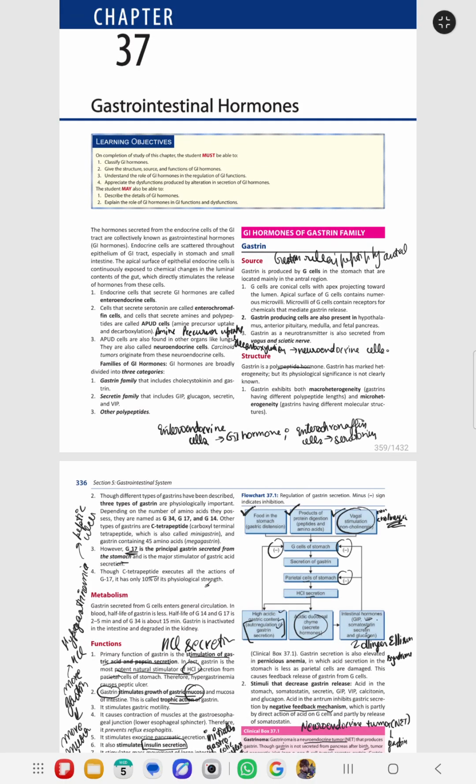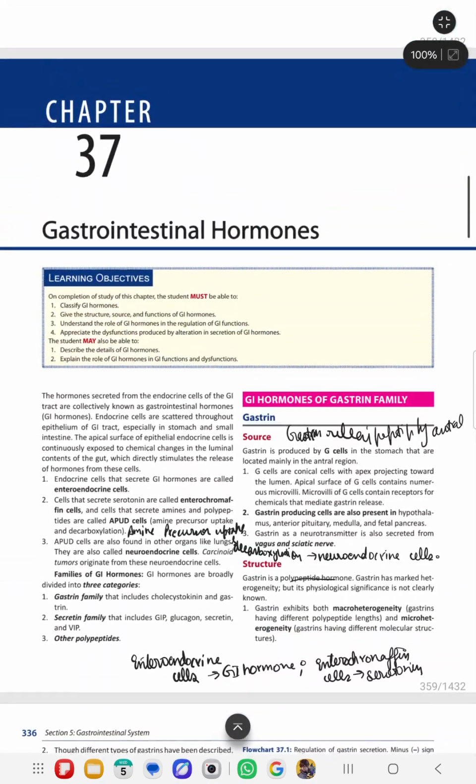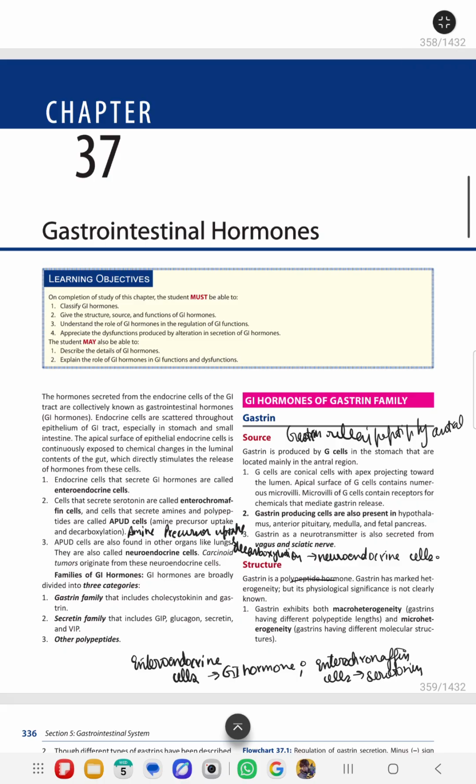Intestinal hormones are important. Gastrin, hormones of the gastrin family.